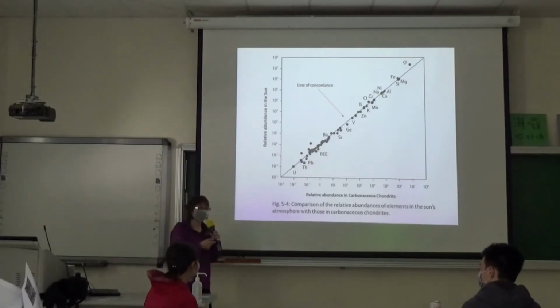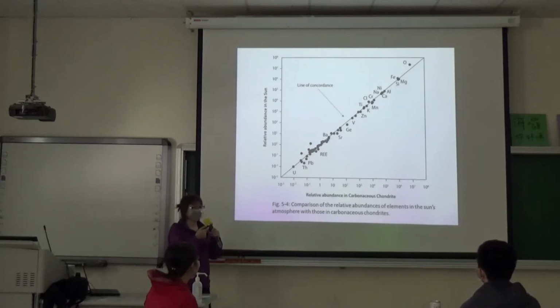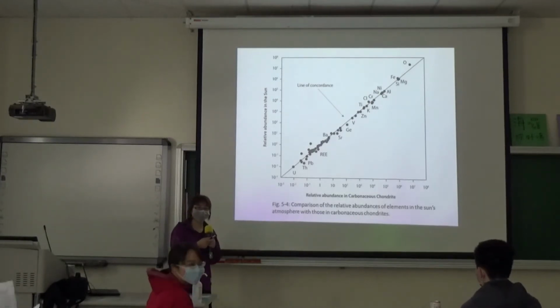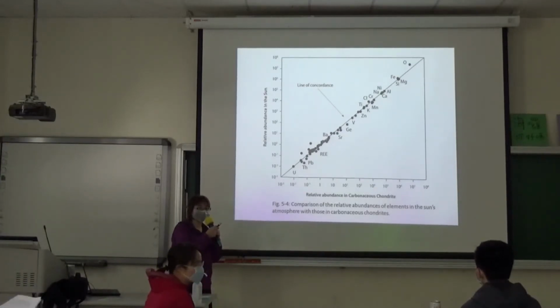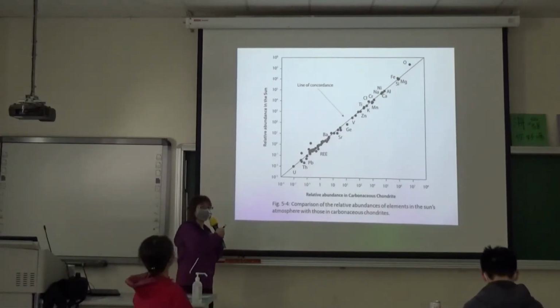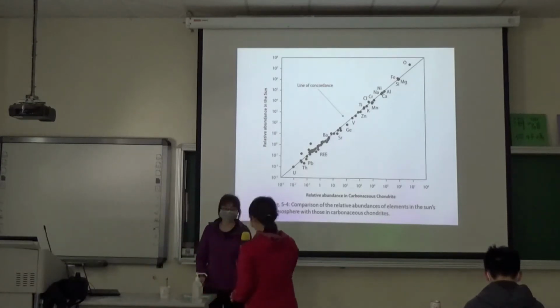And for the y-axis, I got the answer that it's from the solar spectrum. They use the spectrum to find the relative abundance. Okay, thank you. That's right.